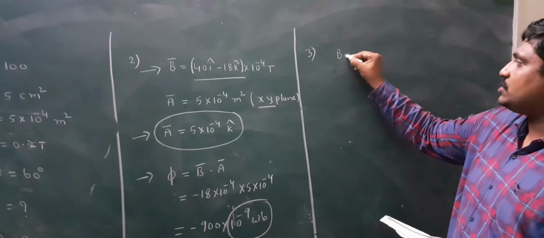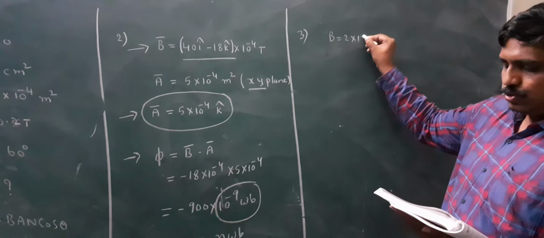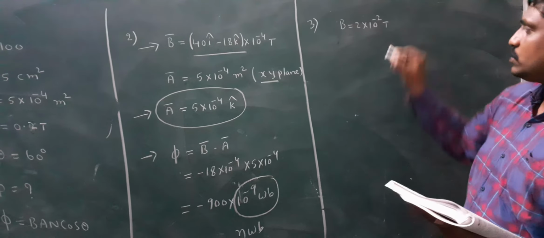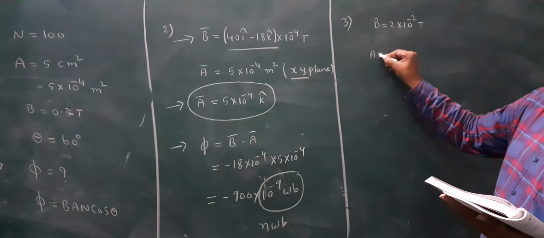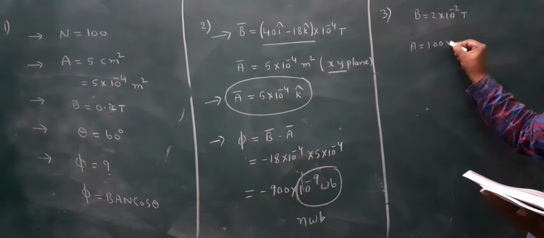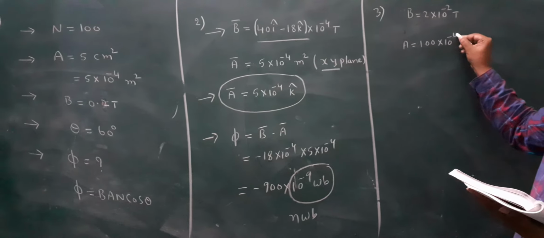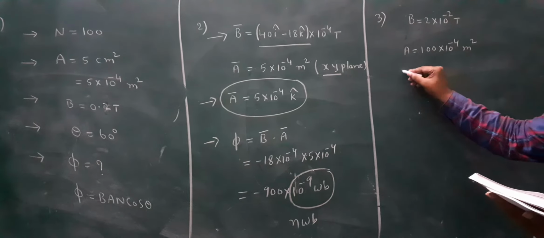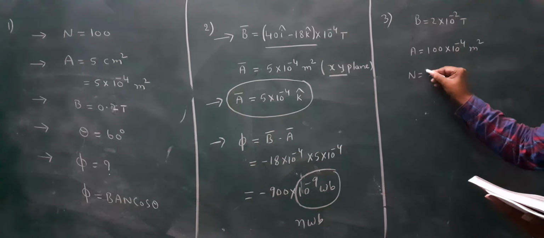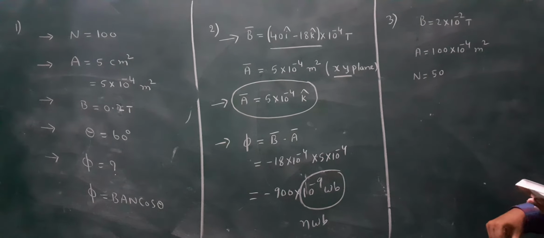Look here. The field is given as 2 into 10 power minus 2 Tesla. Here the area of the coil is 100 centimeter square, which means 10 power minus 4 meter square. Number of turns is 50.